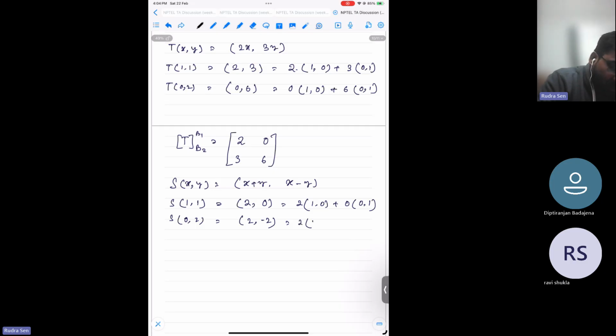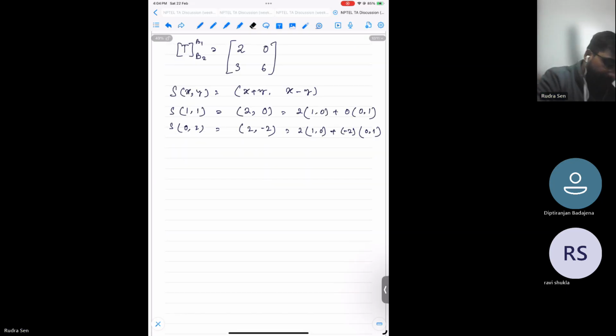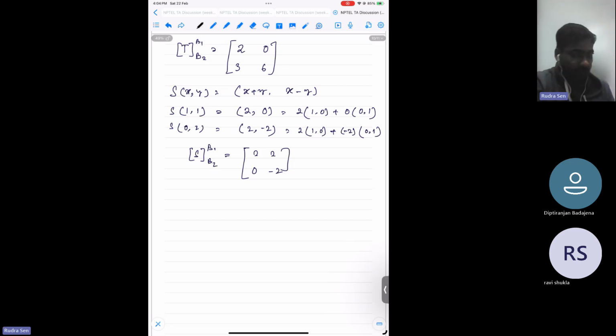It means 2 into (1, 0) plus -2 into (0, 1). So what is the matrix of S from domain to codomain space? It's [2 0; 2 -2], right?